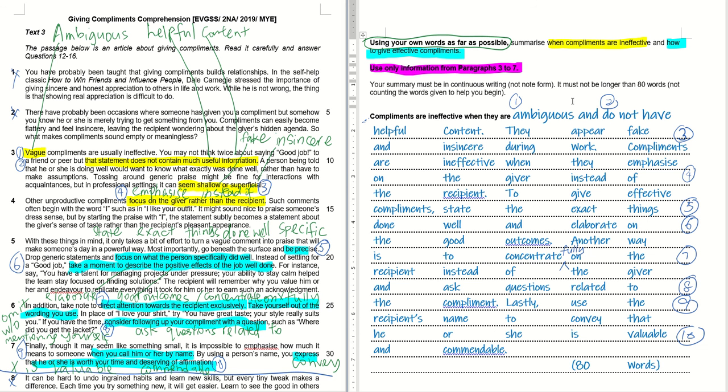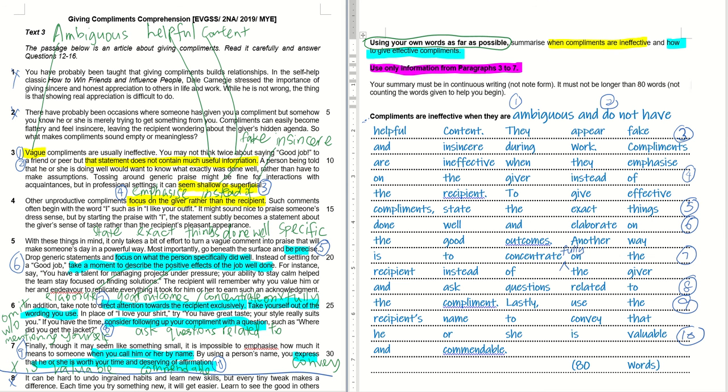So as you can see, here are all the 10 points, and there are also connecting words that are being used. So what are some of the connecting words?